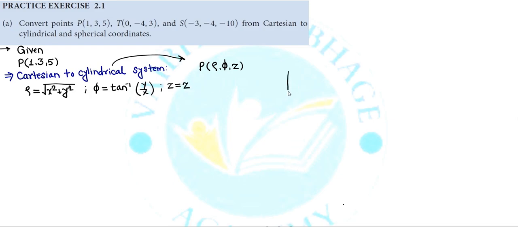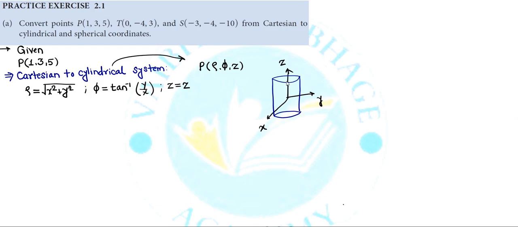Why? If you go through your theory, you have come to know that this is the Cartesian system having coordinates x, y and z. And what about the cylindrical one? The cylinder lies around this z axis, something like this. So this is your cylinder.